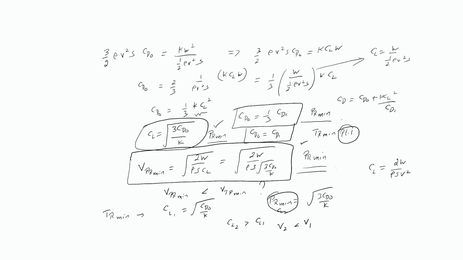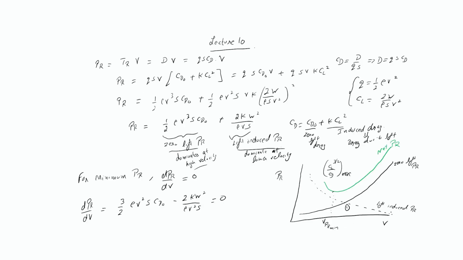That is why the velocity is low when we consider the power required minimum criteria. Hence V2 is less than V1, that is, velocity for power required minimum is less than velocity for thrust required minimum. That is why this point is actually here.